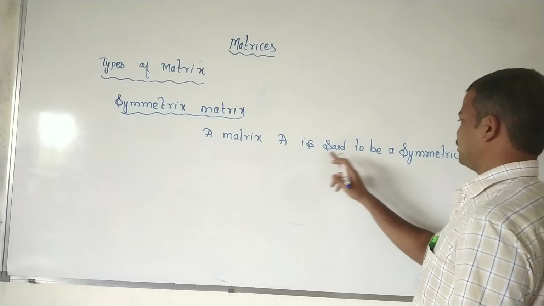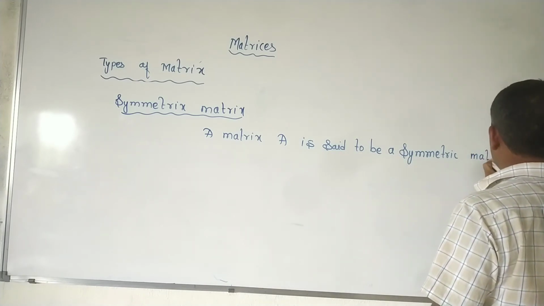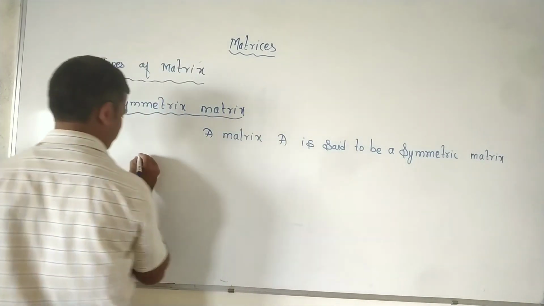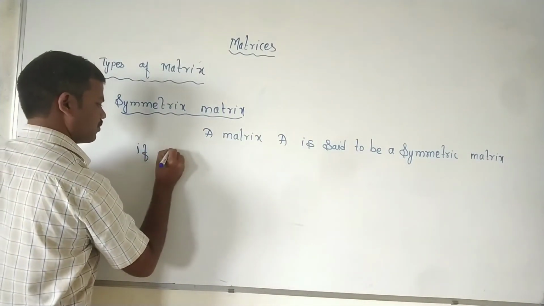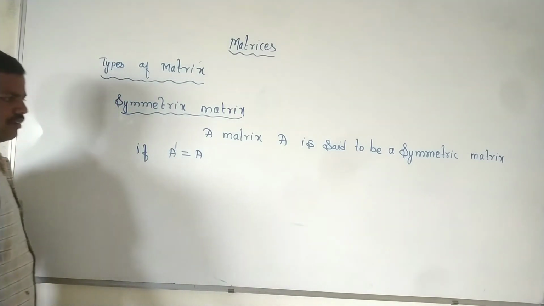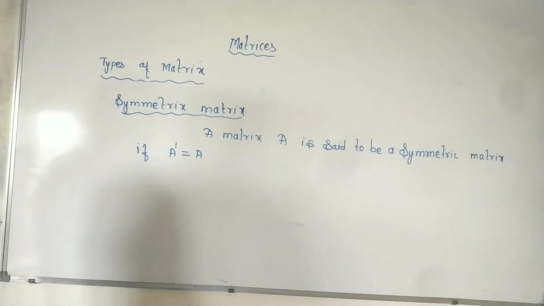If A transpose equals A, then it is called a symmetric matrix.